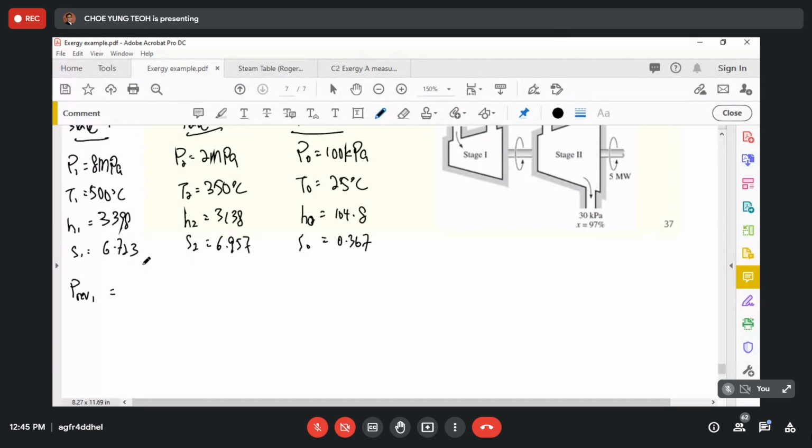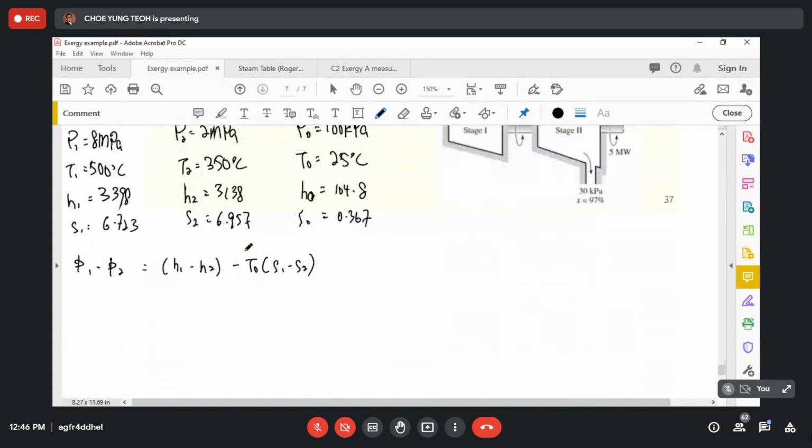So we get in terms of kilojoule per kilogram. We get in terms of exergy change first. H1 minus H2 minus T0 S1 minus S2. Kinetic energy and potential energy we don't have. Okay, so can directly get this.